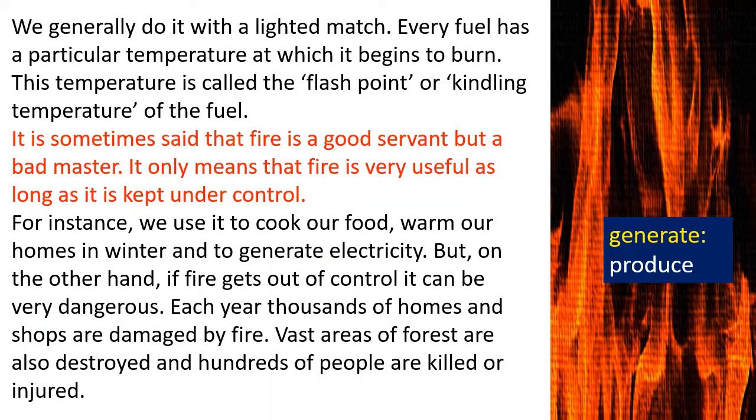They have their own burning points, and those temperatures are called flash points or kindling temperatures of the fuel. Petrol burns at a certain temperature. Kerosene burns at a certain temperature. Wood burns at a certain temperature. Those different temperatures are called flash points or kindling temperatures.